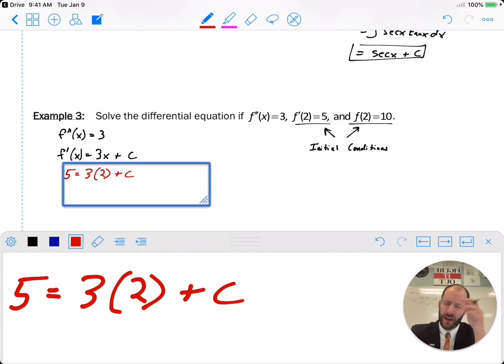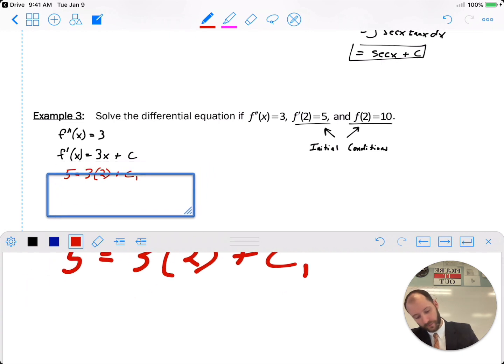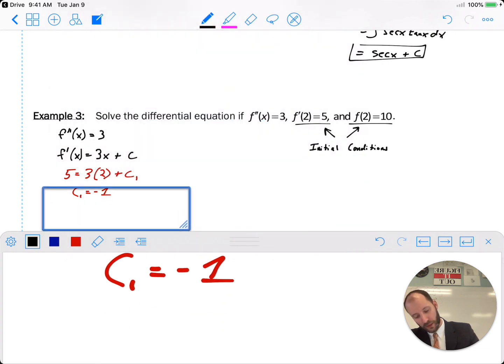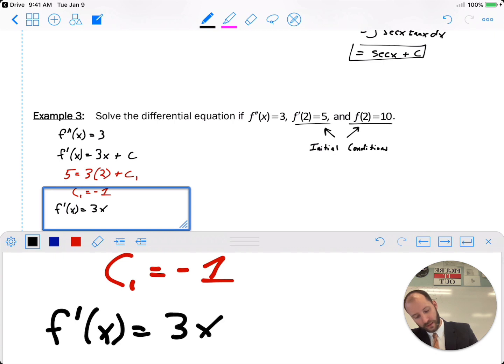And since we're going to a first derivative and then again to a regular function, we'll have multiple constants of integration. So let's call this c sub 1. So c sub 1 is negative 1. So to plug that back in, f prime x is going to be 3x minus 1.